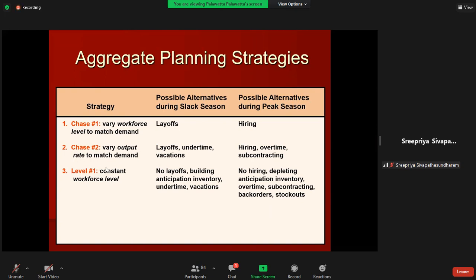And then level 1, constant workforce level. Here we do not lay off because we have a constant workforce, and then building anticipation inventory. The stock out cost is different from the back order cost. The back order cost is part of stock out cost. Stock out cost has another component for lost sales.